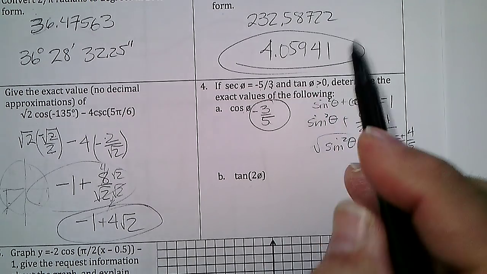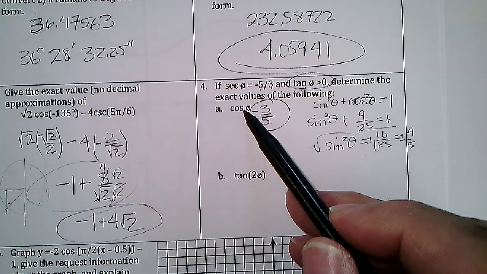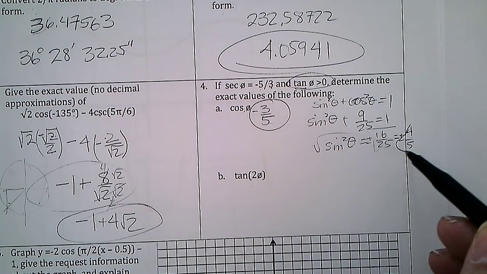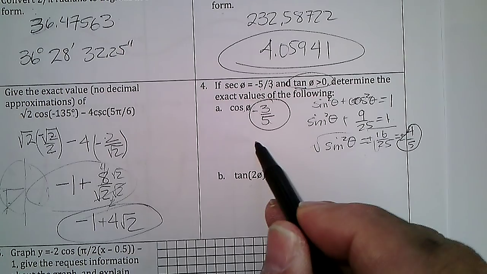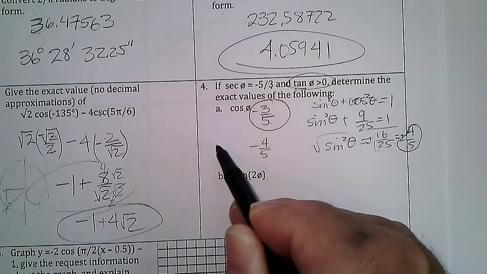And if the tangent's positive, and it's sine over cosine, and the cosine's negative, the sine better be negative. So the sine has to be -4/5.